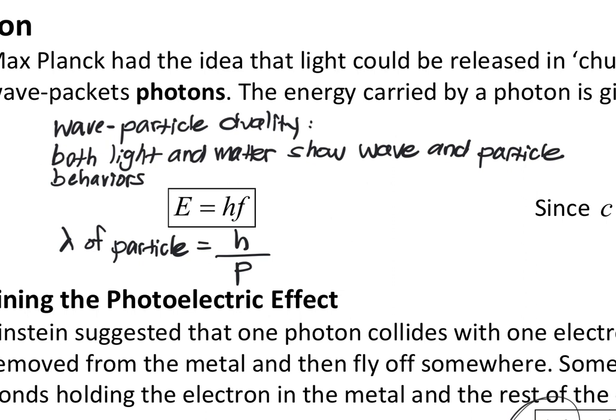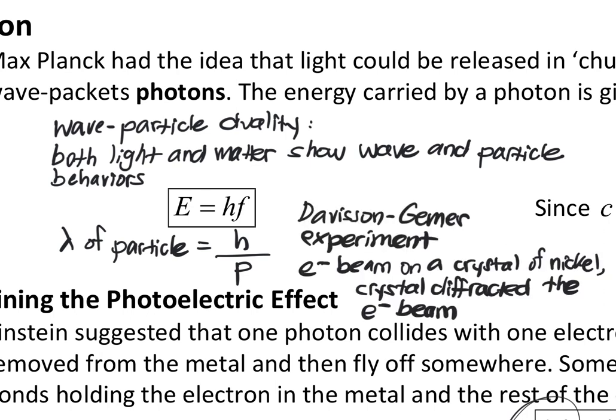And this was actually proven experimentally by the Davisson-Germer experiment, where they were working with an electron beam, and they accidentally shone their electron beam onto a single crystal of nickel. That crystal diffracted the electron beam, which would make no sense at all unless electrons have wave properties, which we now accept to be true. But that is the de Broglie wavelength.